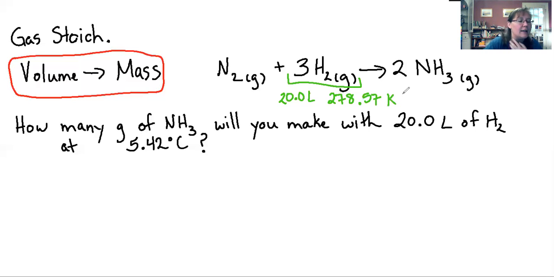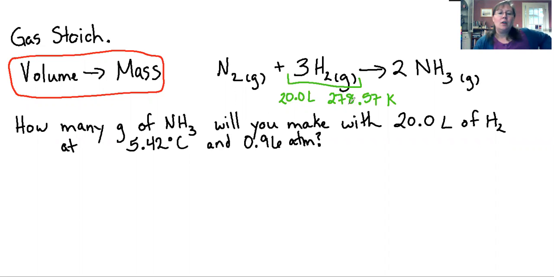Oh, and I just realized that I did not put a pressure in here. At 5.42 degrees Celsius, and we'll say 0.96 atmospheres. So our pressure is a little low. Not really low, but a little low.